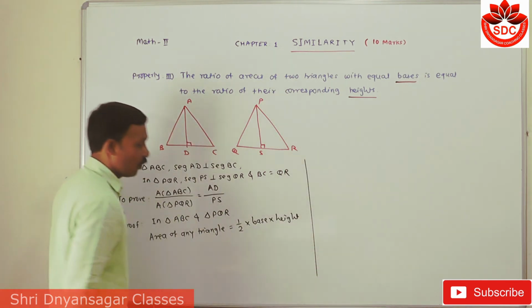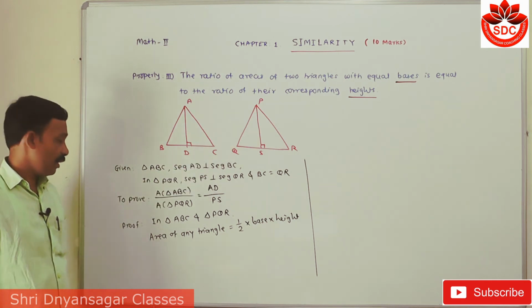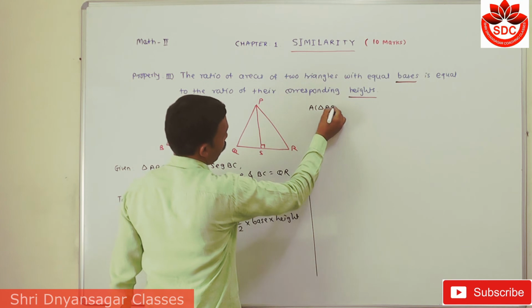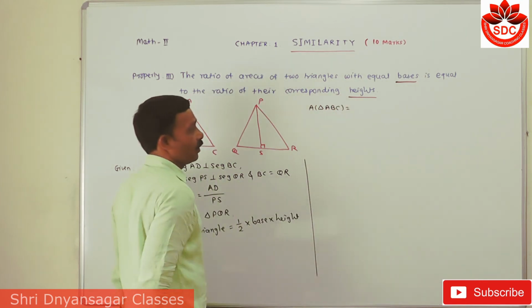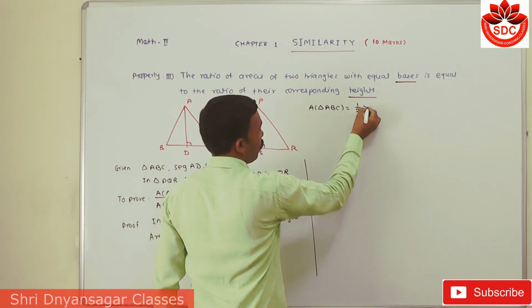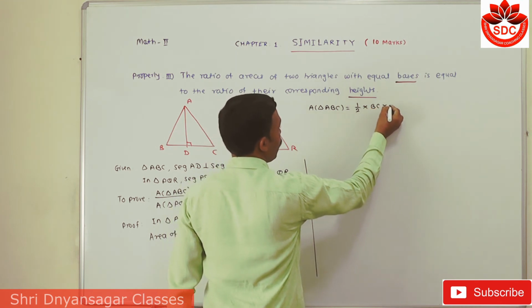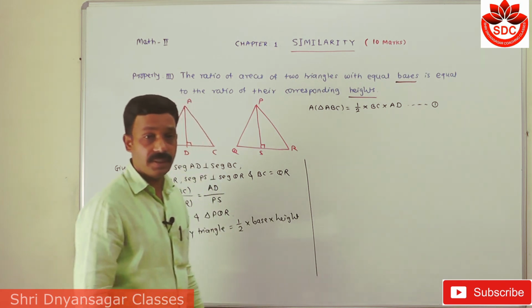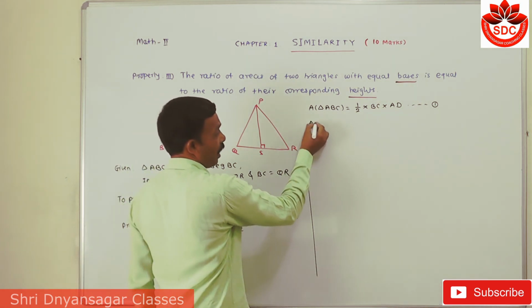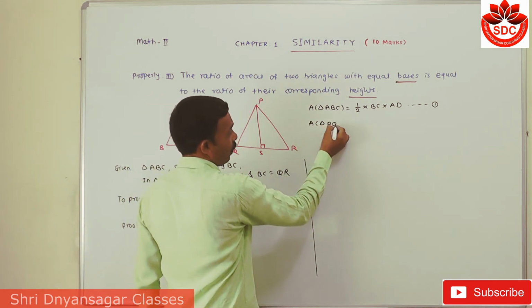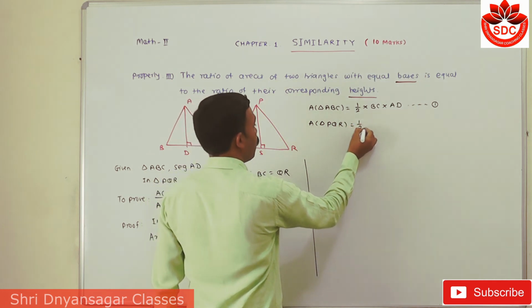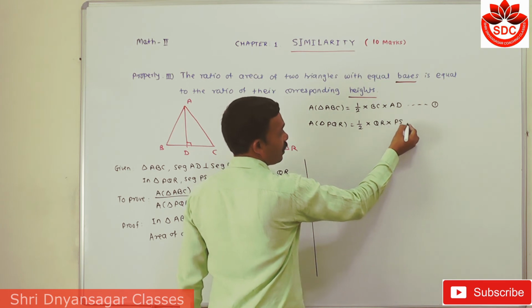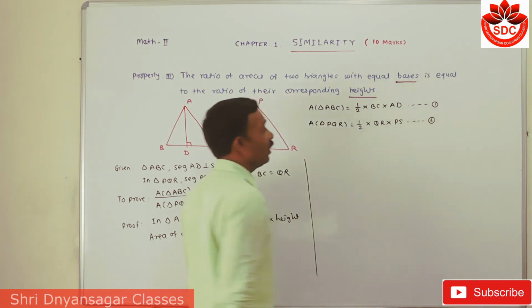Then we use this formula to take the areas. First I would write here area of triangle ABC is equal to half into base BC into height AD. Suppose this is equation number first. Then the second one is area of triangle PQR is equal to half into base QR and its corresponding height PS. Suppose this is equation number second.